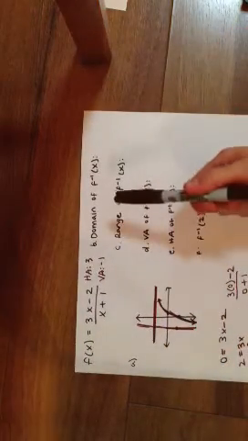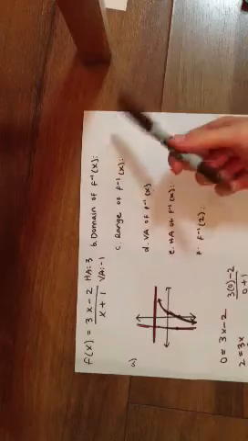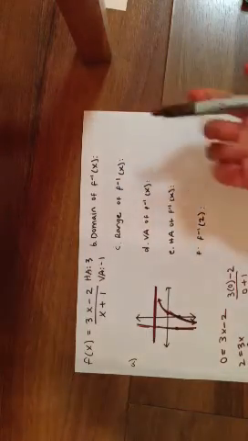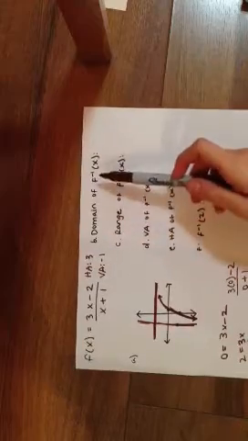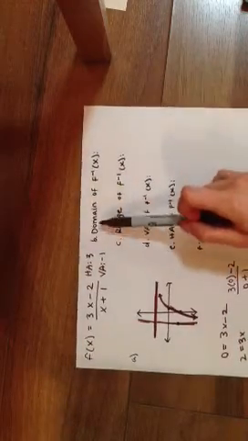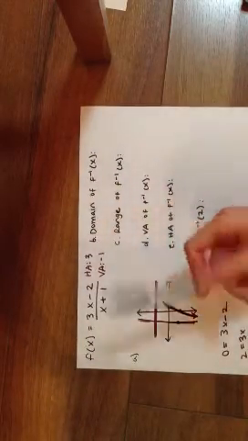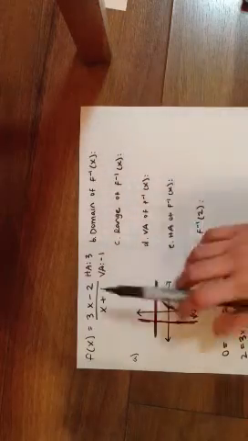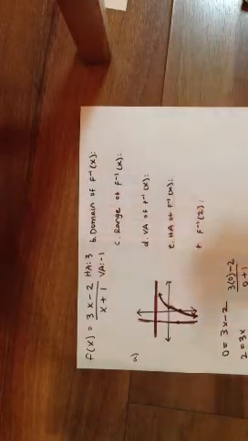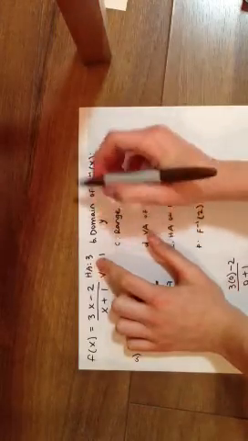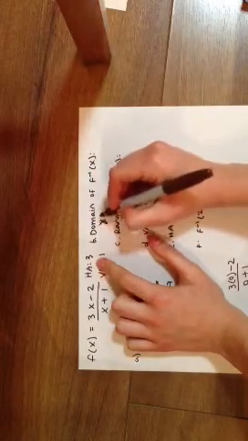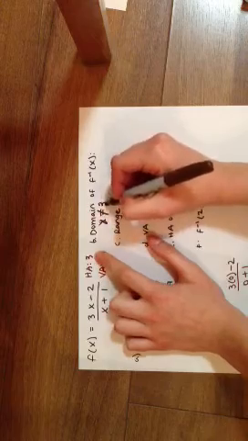And then they ask you for the domain of the inverse. The very easy way to do it is, you know that the range of the actual function is the domain of the inverse. So you go ahead and check here. This would be x cannot equal 3.